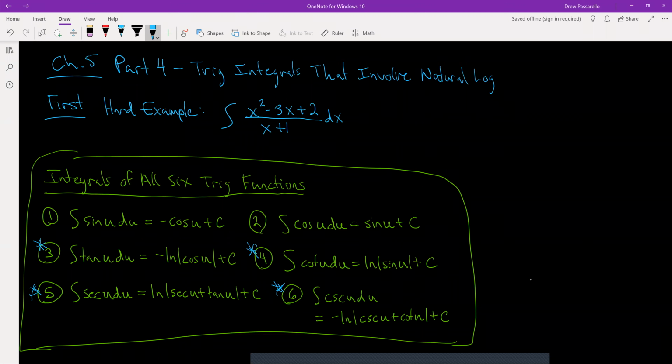But before I go into examples involving these trig functions, I'm going to do a hard example that I didn't cover in the previous video. And this hard example has the integral of x squared minus 3x plus 2 over x plus 1.